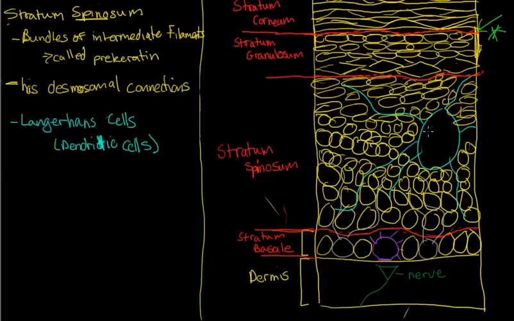A phagocyte is a type of cell that engulfs an intruder. So that's how it takes care of intruders into the body, through phagocytic engulfing. And keratinization begins here. The keratinization is what makes your skin tough, what makes it a good barrier for the outside of your body.